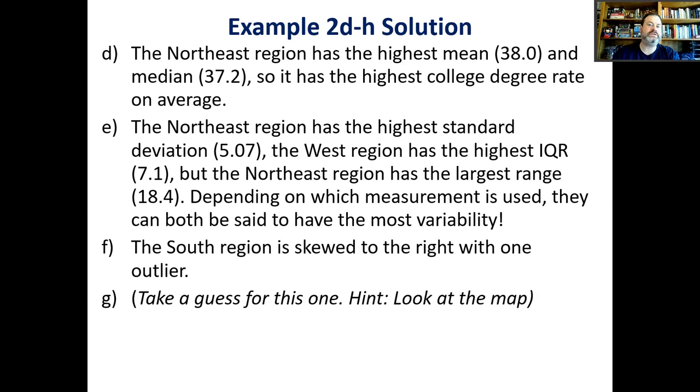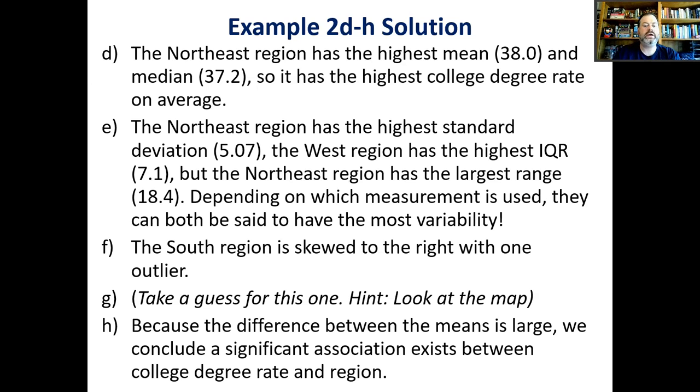What I put for my answer here in part H is that we only need to use one measure of difference for the association. You're allowed to use any measurement you want, but the only one we're going to focus on in this class to any serious extent is the difference between the means, what we did in part A here. So the difference between the means is large.